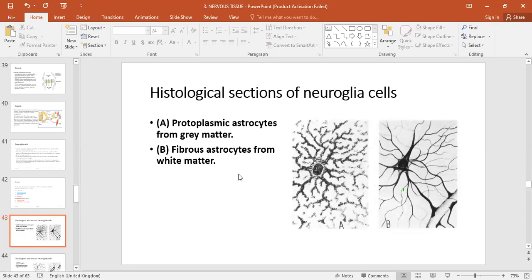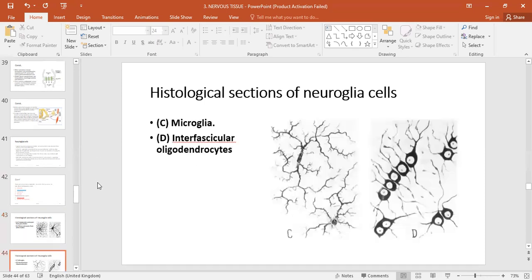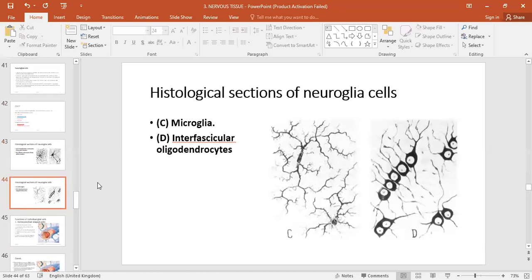So astrocytes are abundant cells in the central nervous system. There are a lot. They are the most abundant cells of the nervous system. Next to neurons, we have astrocytes. So among the neuroglial cells, astrocytes are the most abundant cells. What do they do in the body?